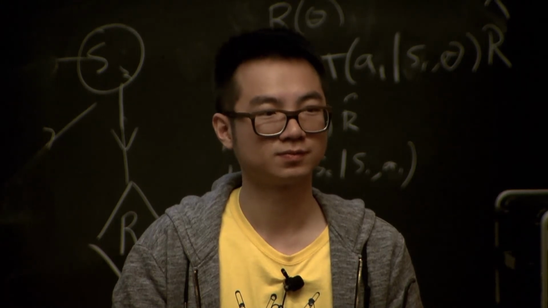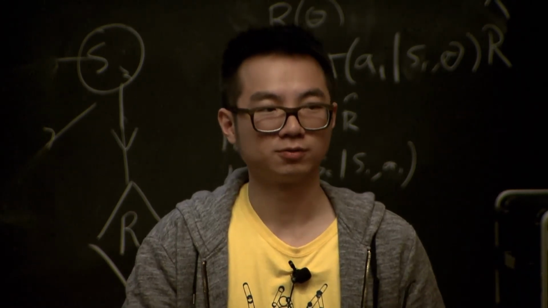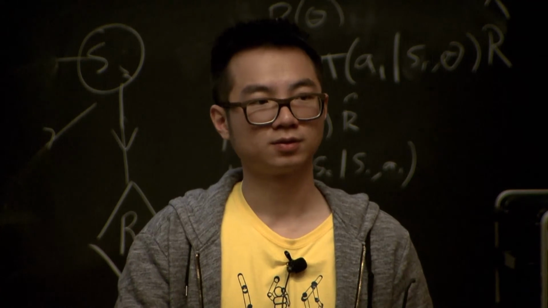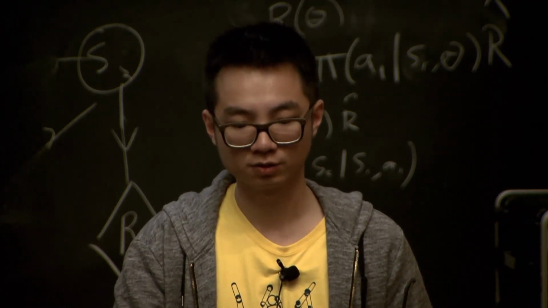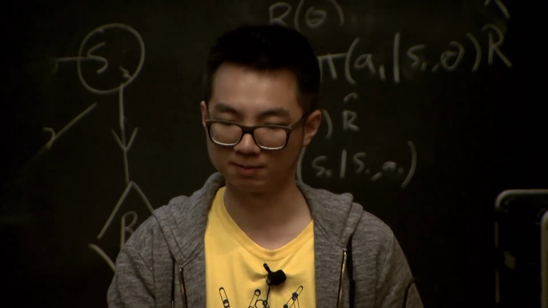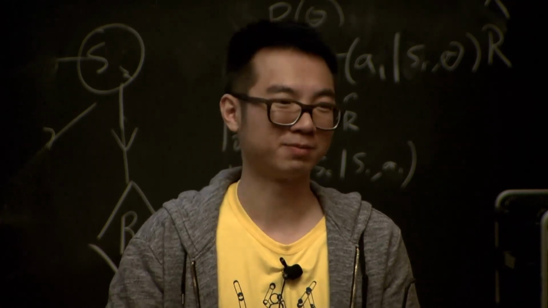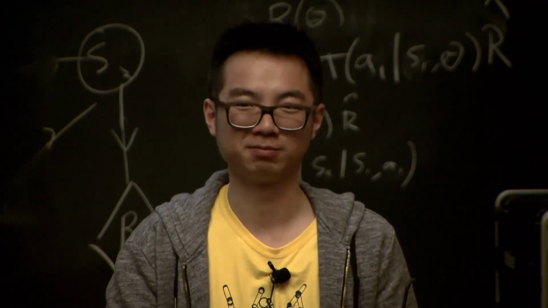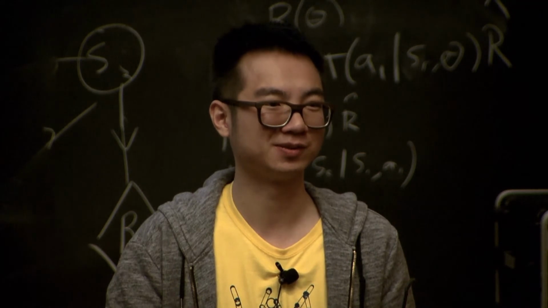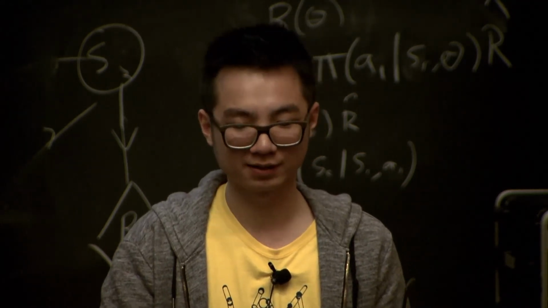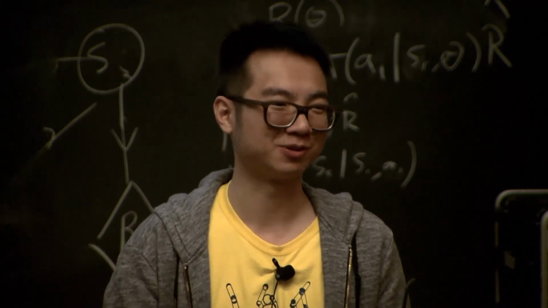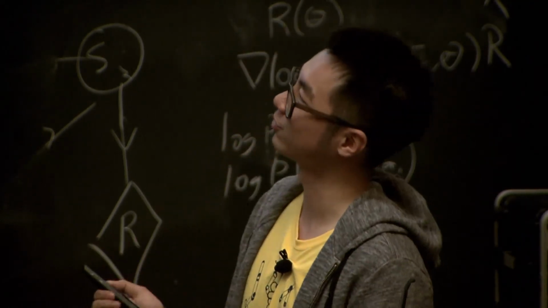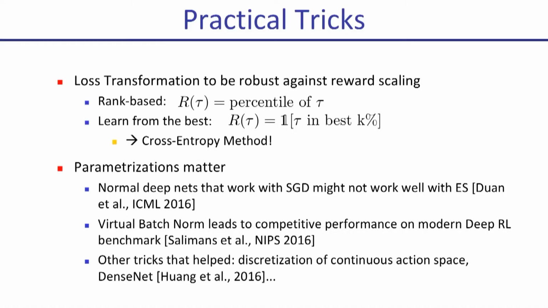Right. So the question is, what makes evolution methods work in a high-dimensional setting? And the answer is really simple. It's really just to make your parameterization a little bit more sensitive.